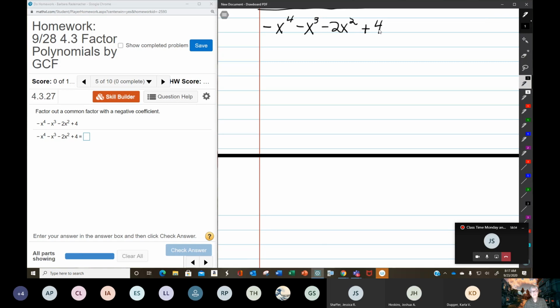The highest power is 4. You don't see a lot of those, not in school. This is called a quartic. This is a quartic polynomial. You treat it like any other polynomial, but it's called a quartic. Okay, also, remember the invisible 1?